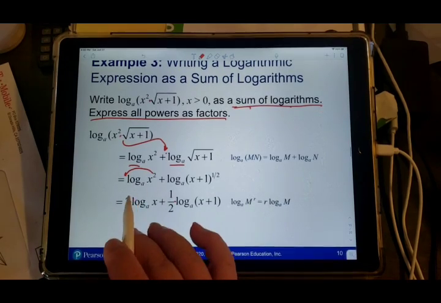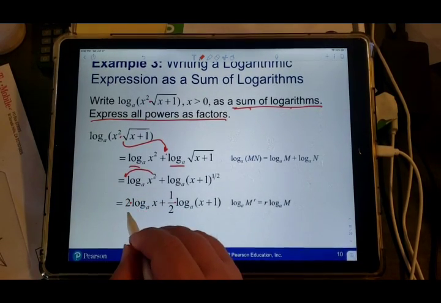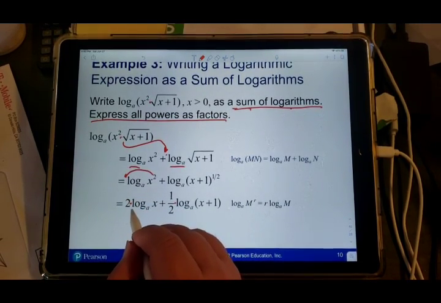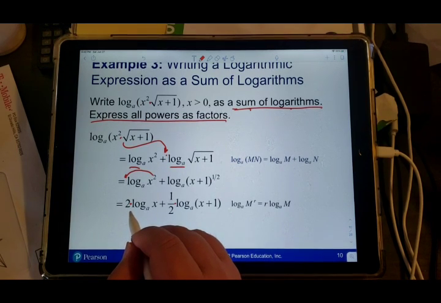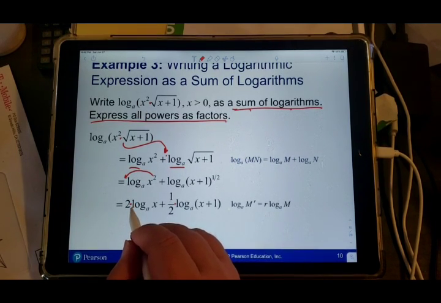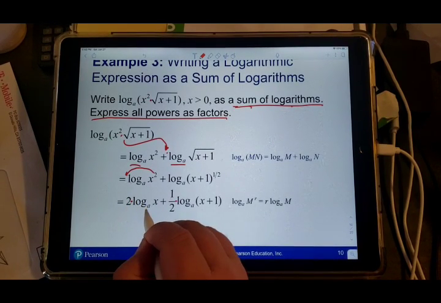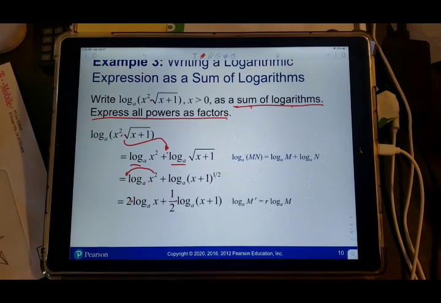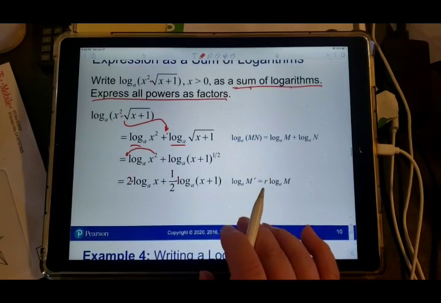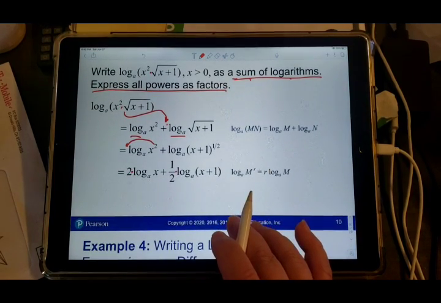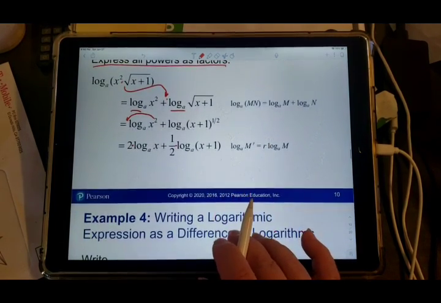By the way, I put these little multiplication symbols in here because late at night, that's going to look like a 21 to you because L, yeah. 2 times log base A. You might want to put that little dot there so you realize what the 2 is talking about.